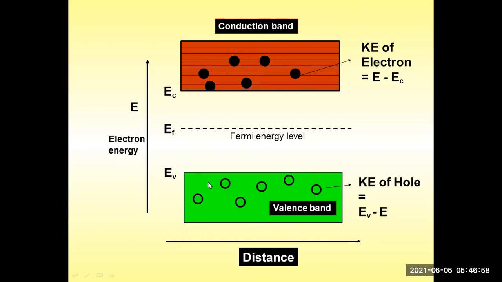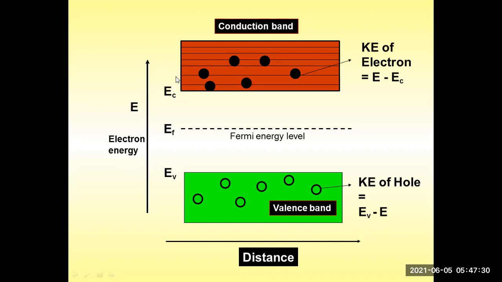The kinetic energy of the hole in the valence band is given by EV minus E. EV is the highest value of the valence band, and the lowest value of the valence band we consider as minus infinity. Clear, everybody?